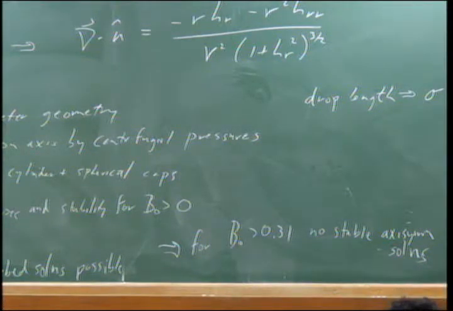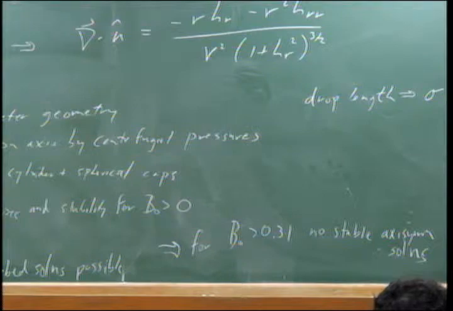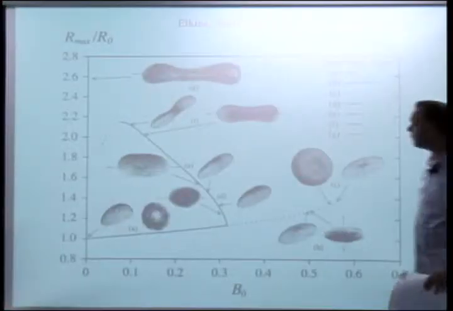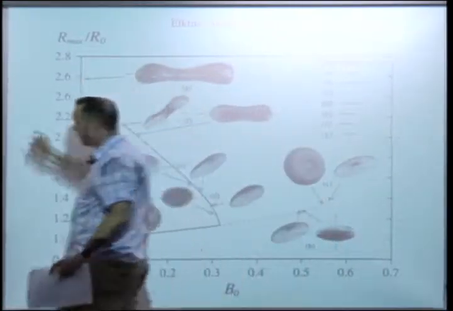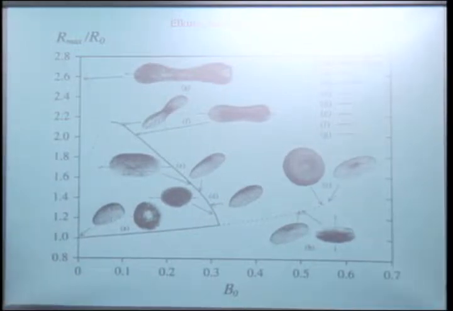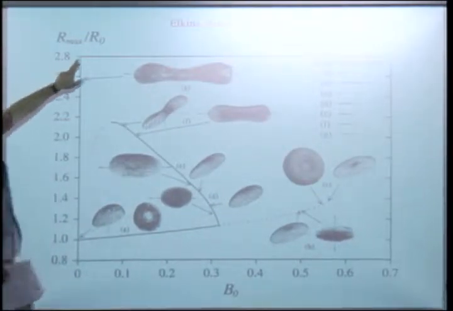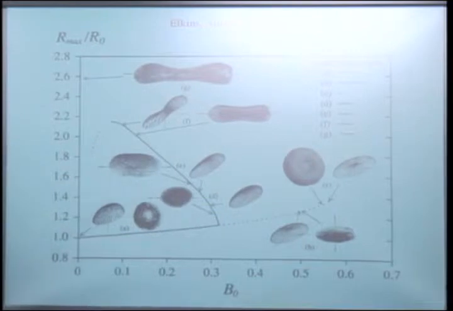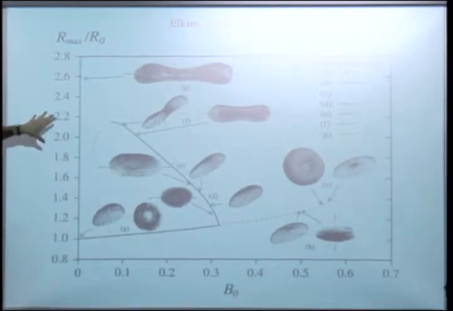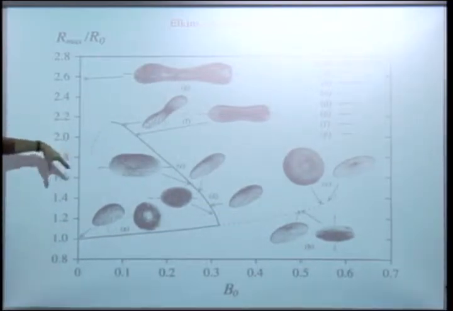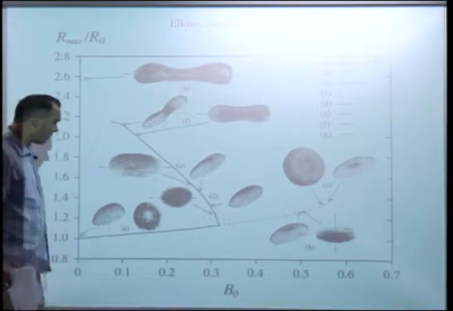We only get these lobate solutions as you crank the rotation rate up. So again, this is the R max, the maximum radius of deformation divided by the unperturbed radius of the drop. As the rotation increases, that does as well.